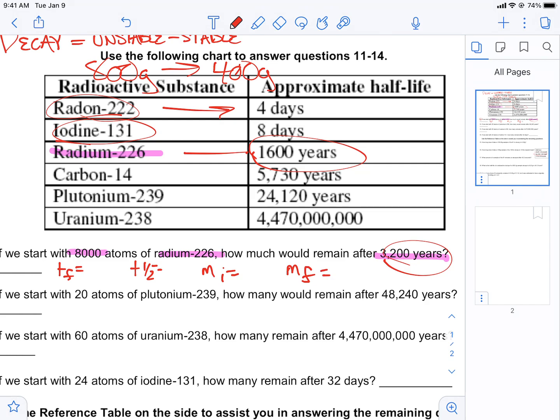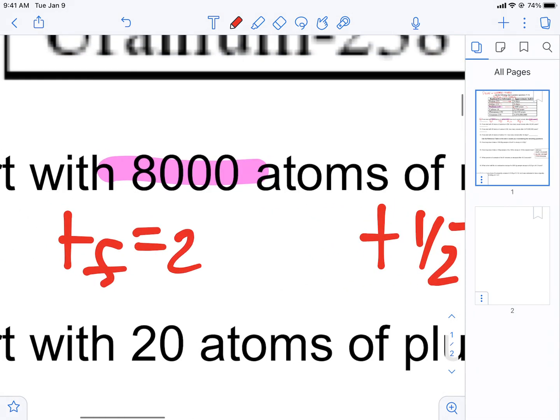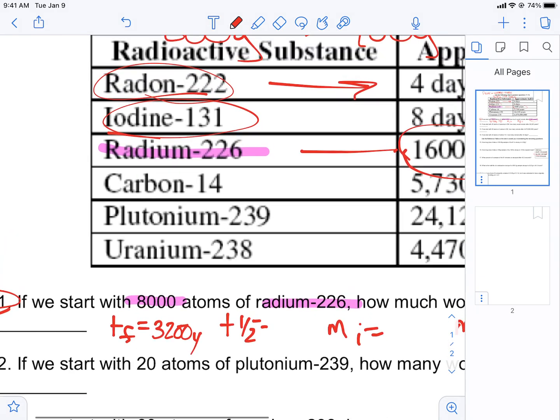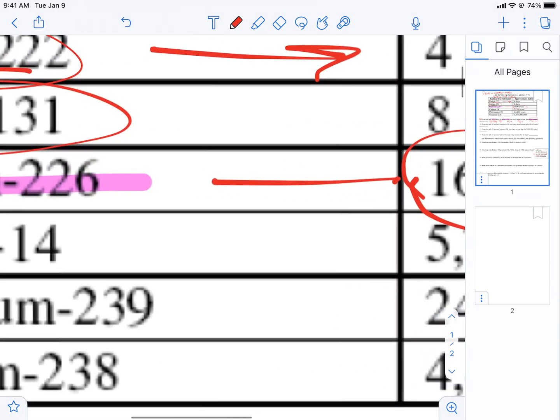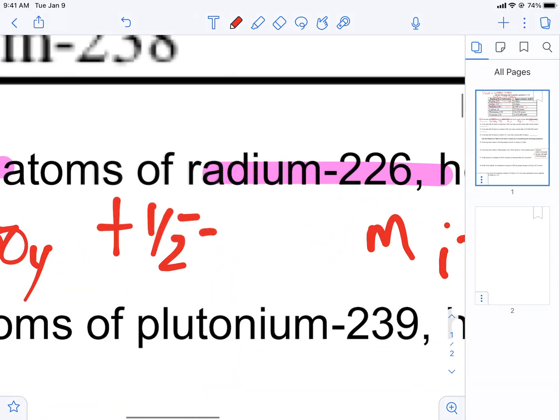Our final time is how much will remain after 3,200 years in total, so that's going to be 3,200 years. And your time of half-life, we plug it into the chart. For radium-226, we go to 1,600 years.